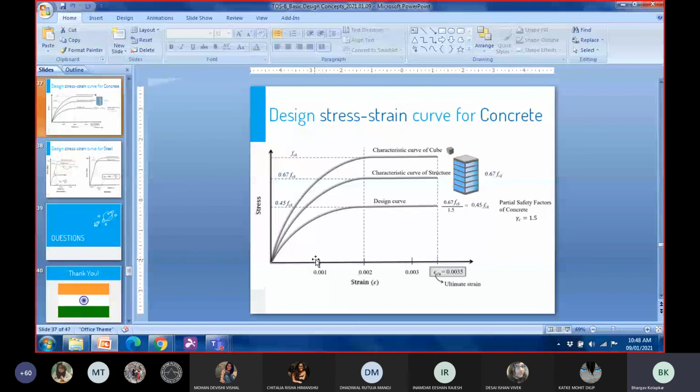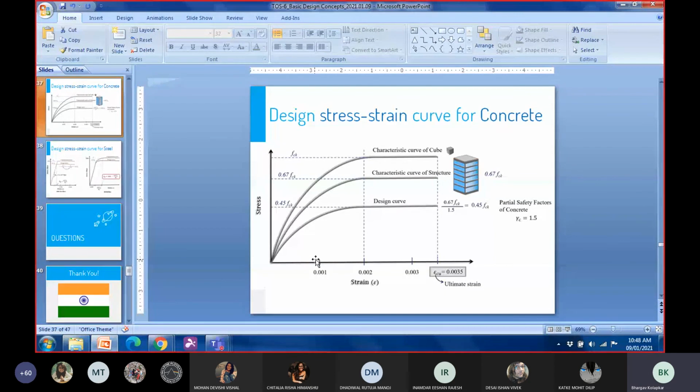Okay. Someone else had a question. Yeah, so when you said that the cube or the column fails at 40 megapascal, under the failure of 0.8, that is 32 megapascal, does that mean that it is out of those 5% of the characteristic strength that fails when the strength is M40? Okay. So characteristic strength is a different concept.